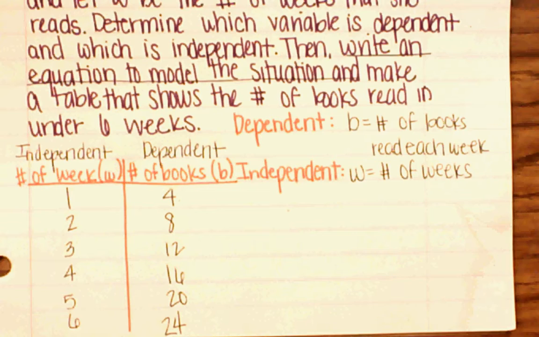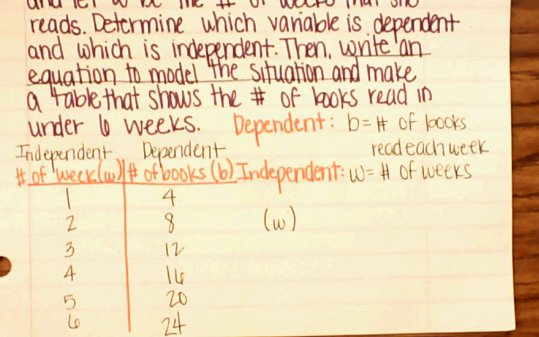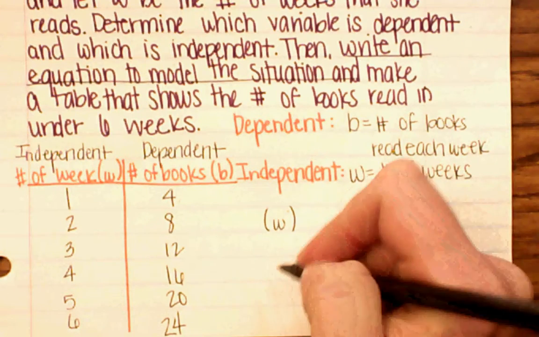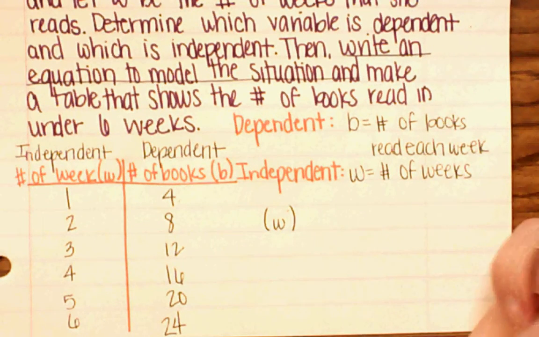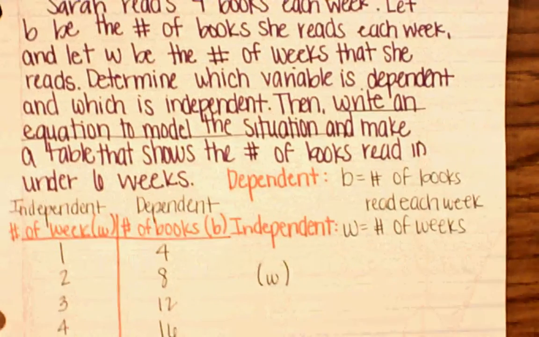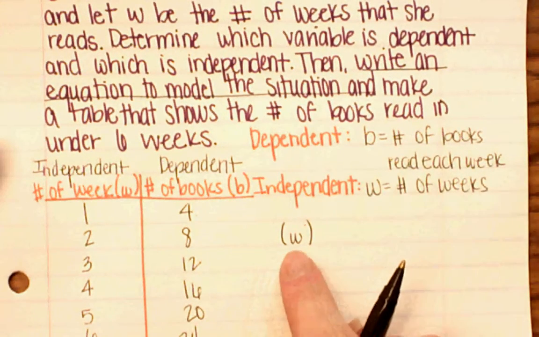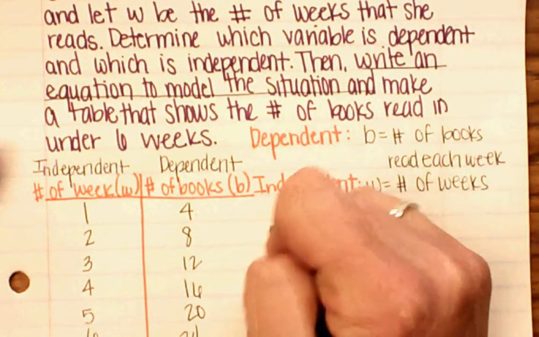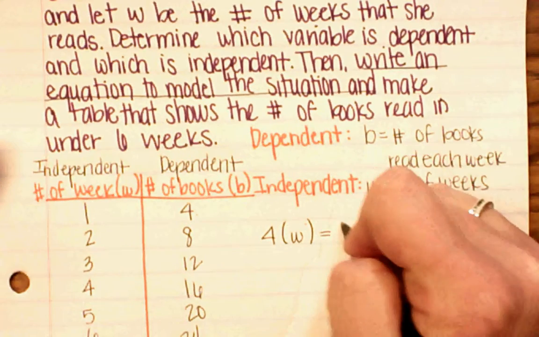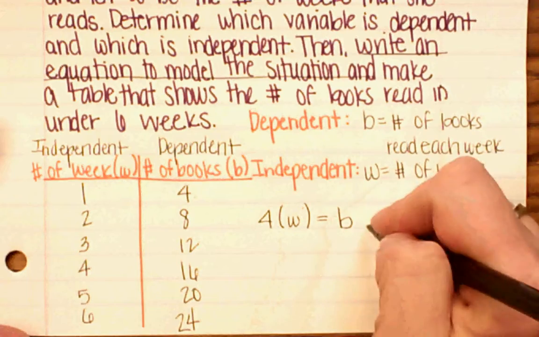Well, if I'm given the number of weeks, or W, I know I need to multiply the number of weeks by the amount of books she reads in 1 week. The problem says she reads 4 books every week. Doesn't matter what's going on, every week she reads 4 books. So I know if I'm given the number of weeks and I multiply it by 4, I'm going to get the number of books. So the equation here is 4W equals B.